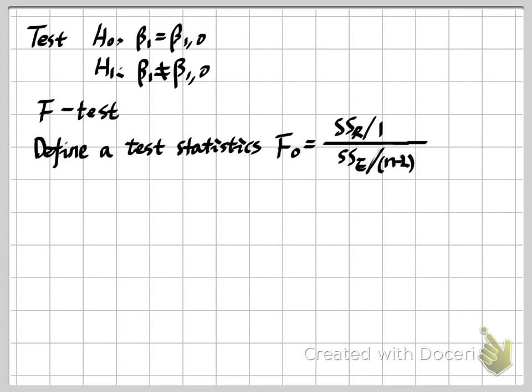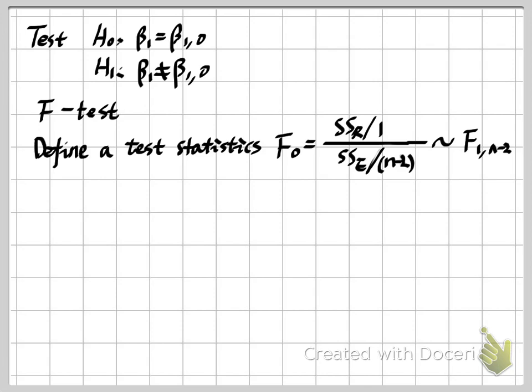As for why this is called the F test, it is because this follows a new distribution, our F distribution with 2 degrees of freedom. One is the numerator degree of freedom, 1, comma the denominator degree of freedom, n minus 2.